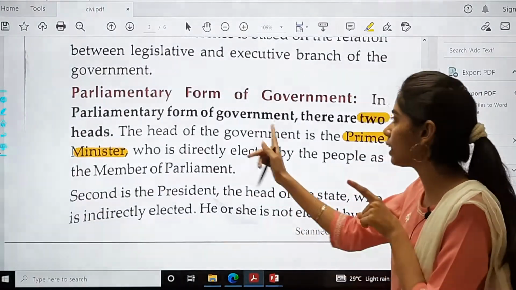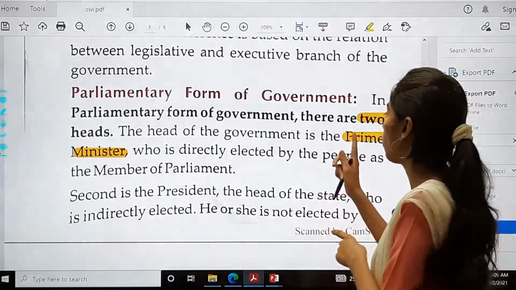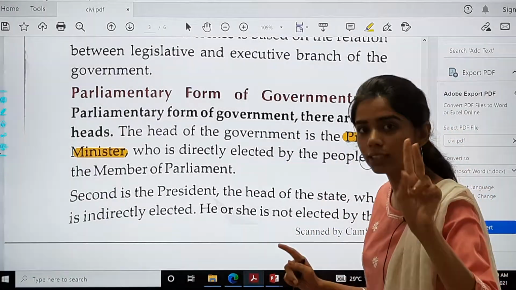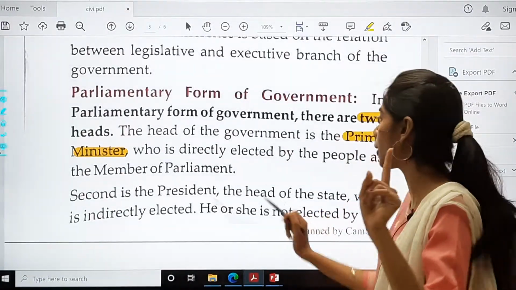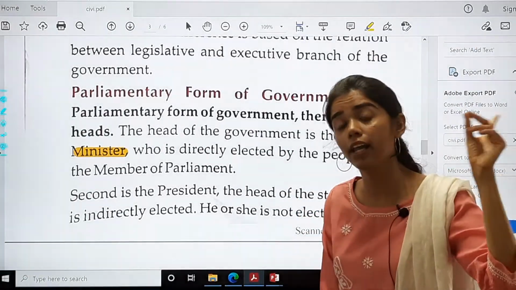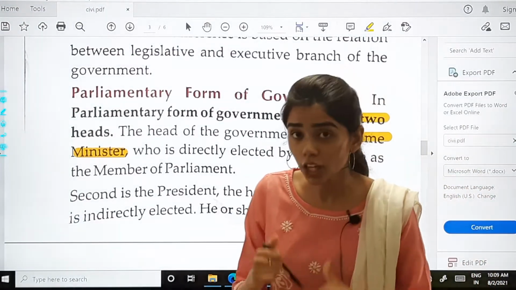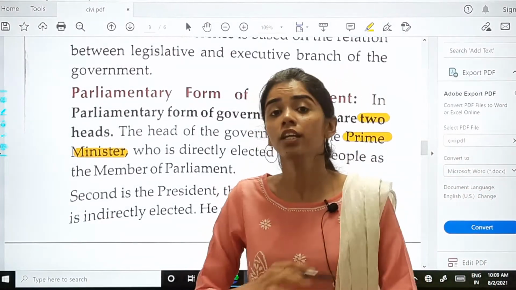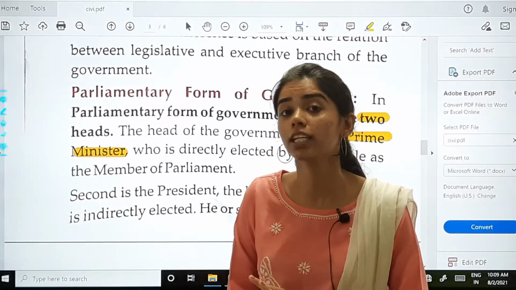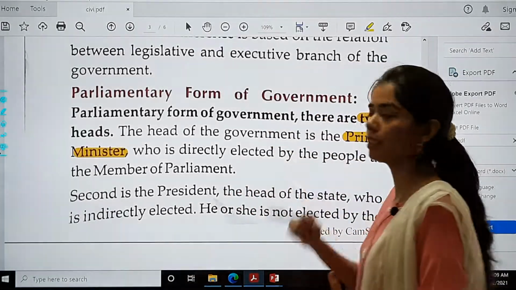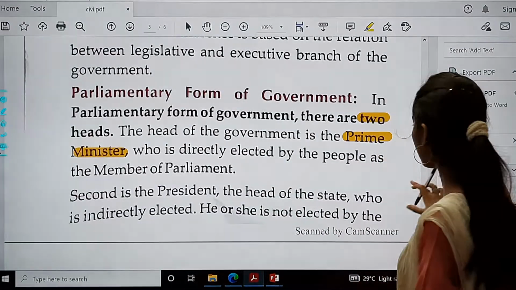And the head of the government is Prime Minister, who is directly elected by the people. That is, the common people, elections are conducted, they vote for the person, whoever they want, and finally the Prime Minister is elected.